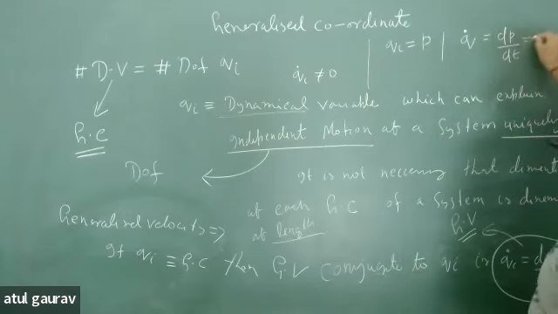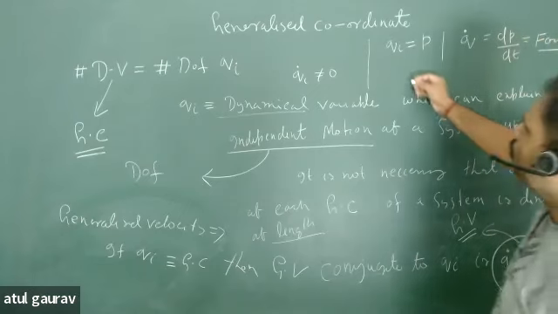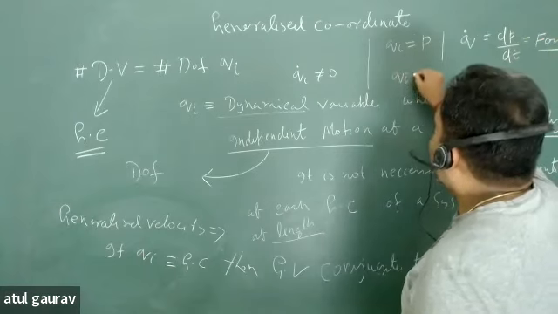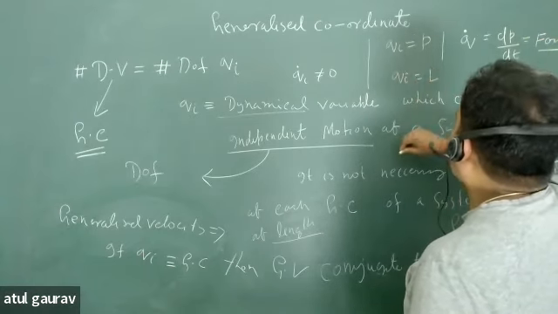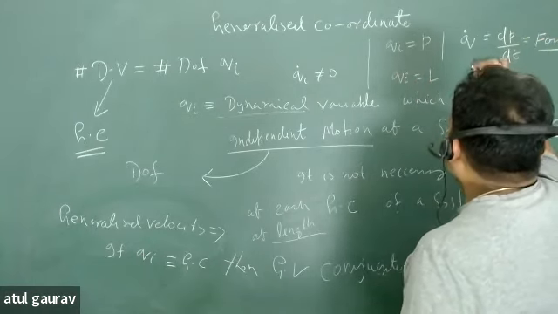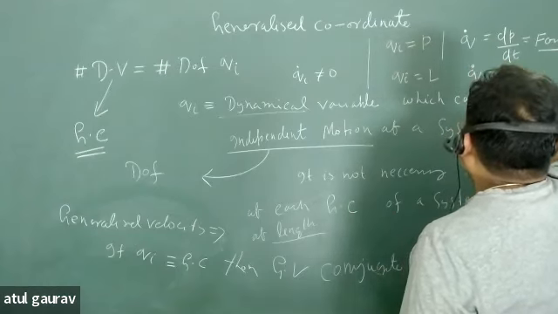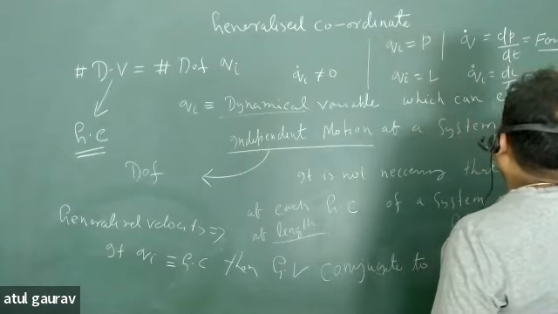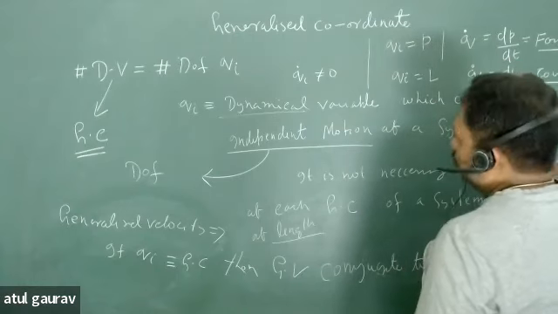Force, obviously. This force is your generalized velocity. Suppose the dimension of the generalized coordinate is angular momentum. Then what is your generalized velocity? Then this is nothing but torque.